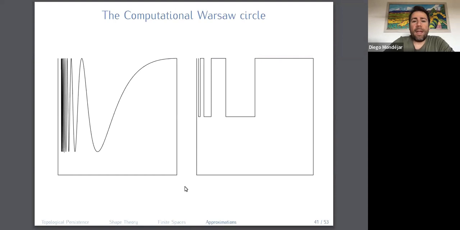So we tried to compute some of our results explicitly, to see how we can compute things. Here we have the Warsaw circle in the left part, and in the right part we have something which is homeomorphic to it, and we call it the computational Warsaw circle.